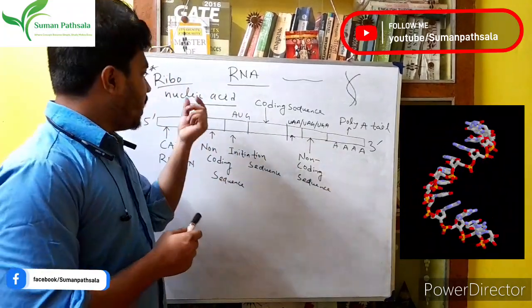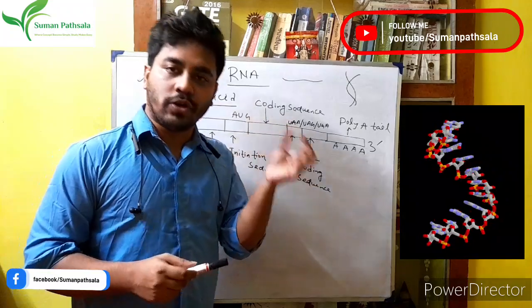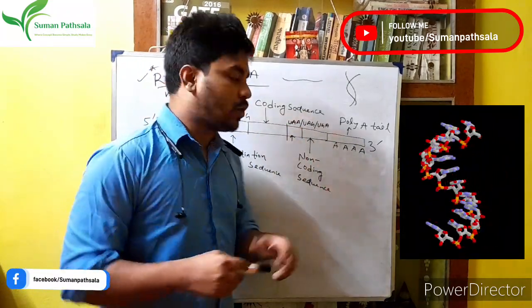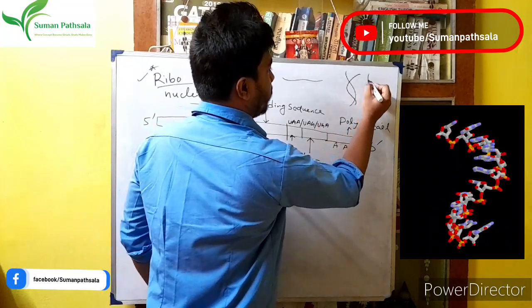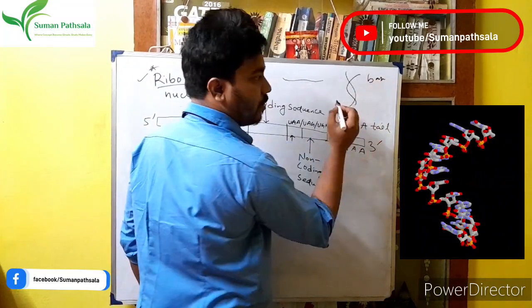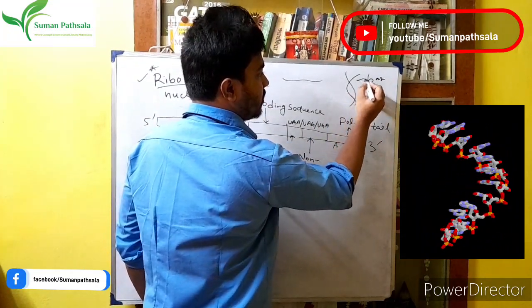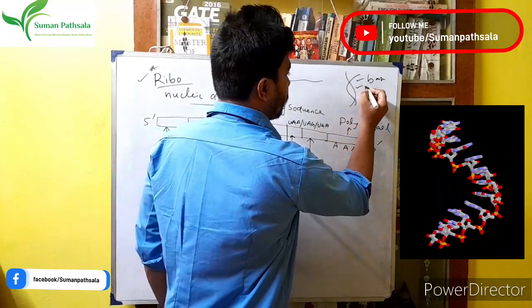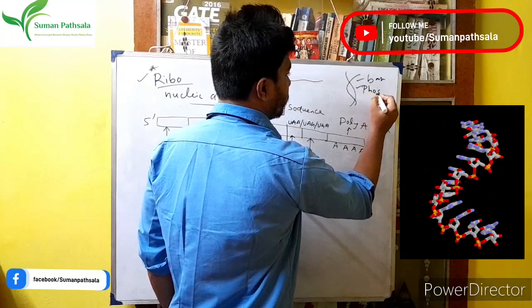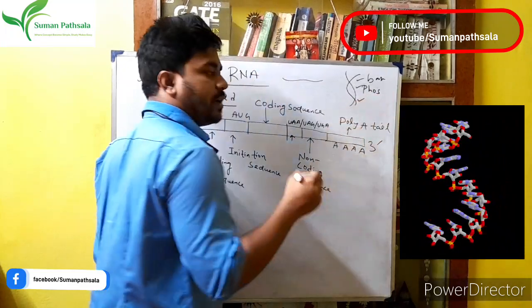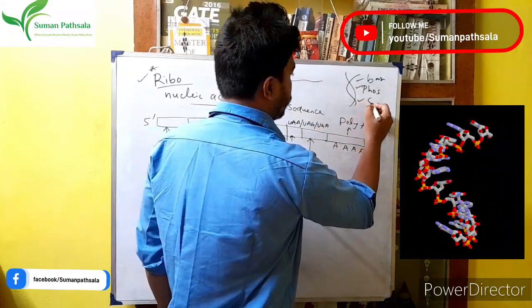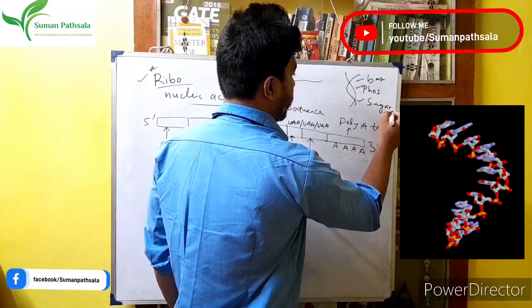That means it also consists of nucleotides. A nucleotide consists of a nitrogen base, the second one is phosphoric acid, that means phosphate, and another one is sugar.